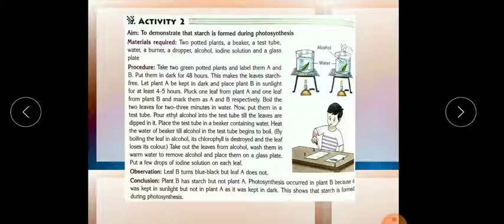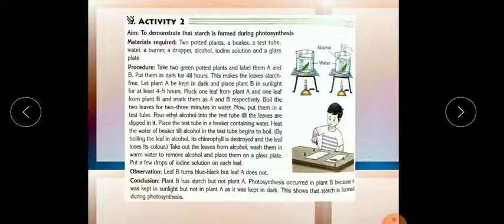So what will happen during this period when we keep it in a dark place? All the starch in the leaves will be used up by the plants for their growth, their development, and their metabolic activities, respiration and all, so no starch is left behind. This process is called de-starching.